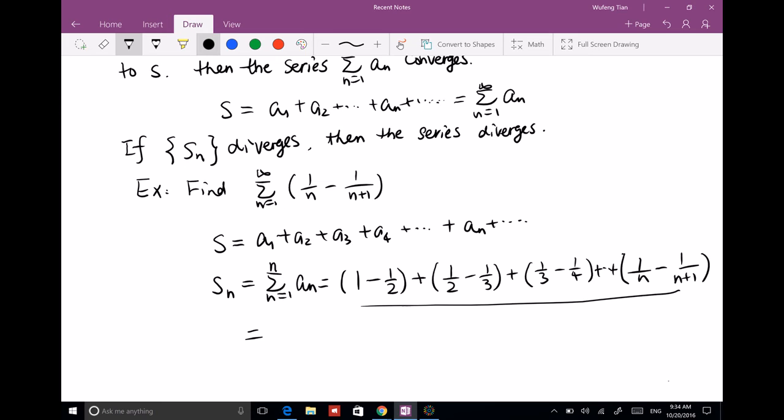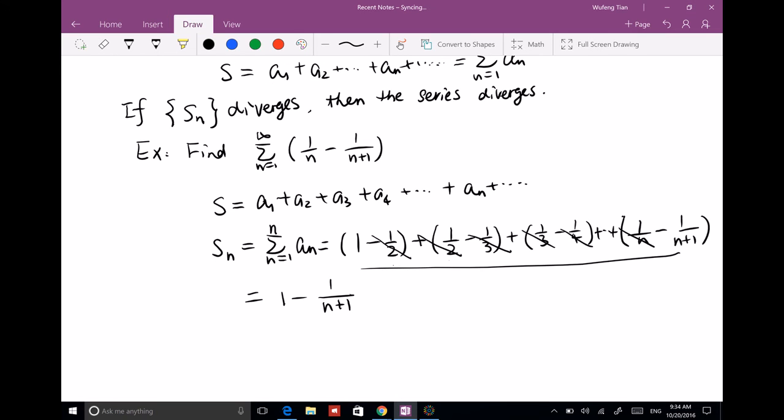Negative 1/2, positive 1/2. What happened? Negative half, positive half. Does this cancel? All of them cancel. So you only have 1 minus 1 over n plus 1.